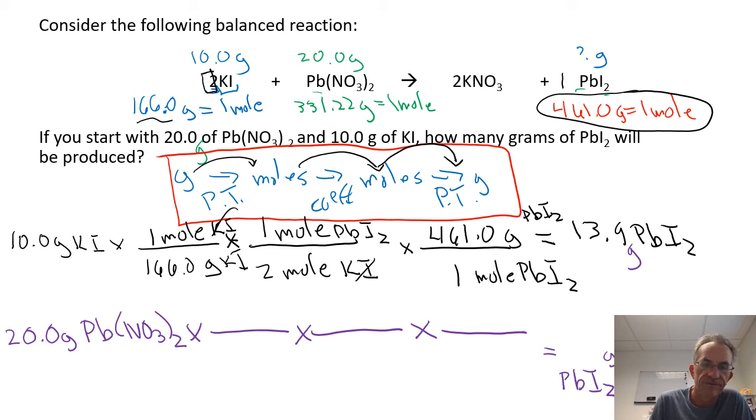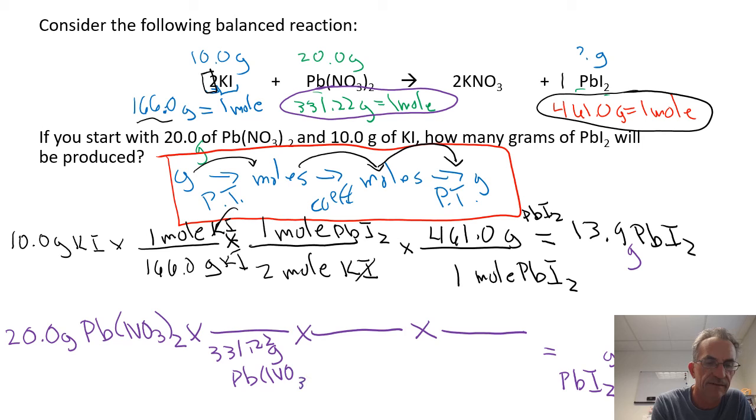All right, so this time we're starting with lead nitrate. So its periodic table weight was 331. Look at my units. Where is that going to go? Bottom. So grams cancels. All right, I could use a little more room, but we're going to squeeze it in here.